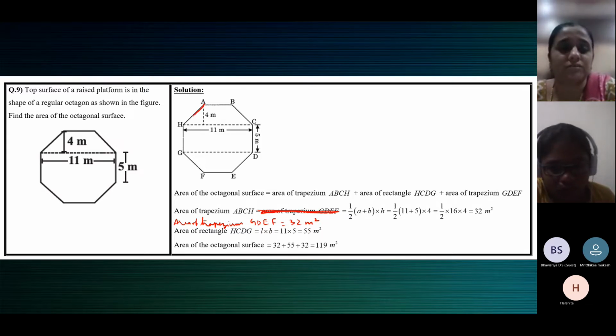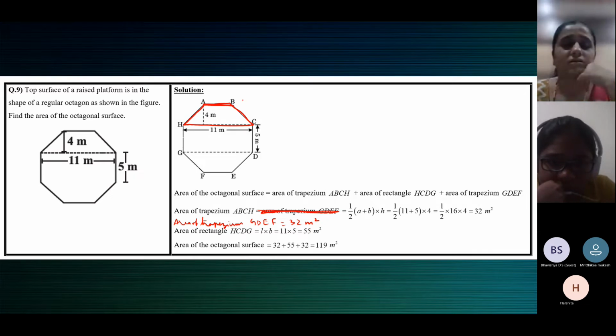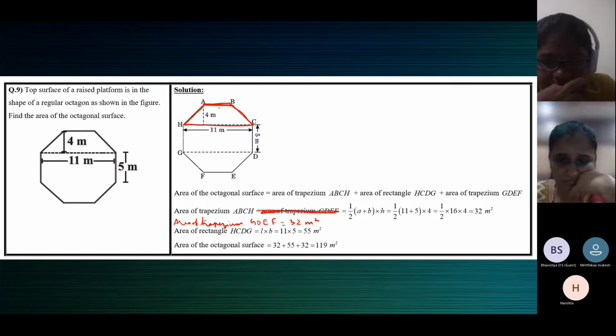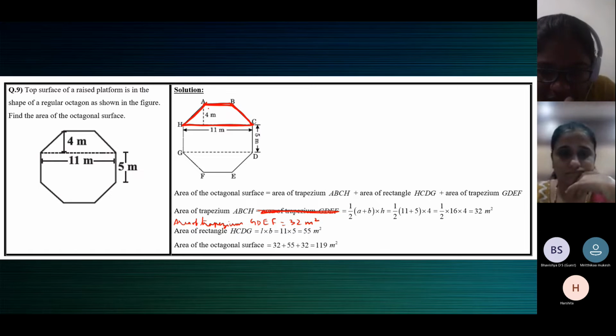So children, in this trapezium, tell me the lengths of the parallel sides. Name the parallel sides.